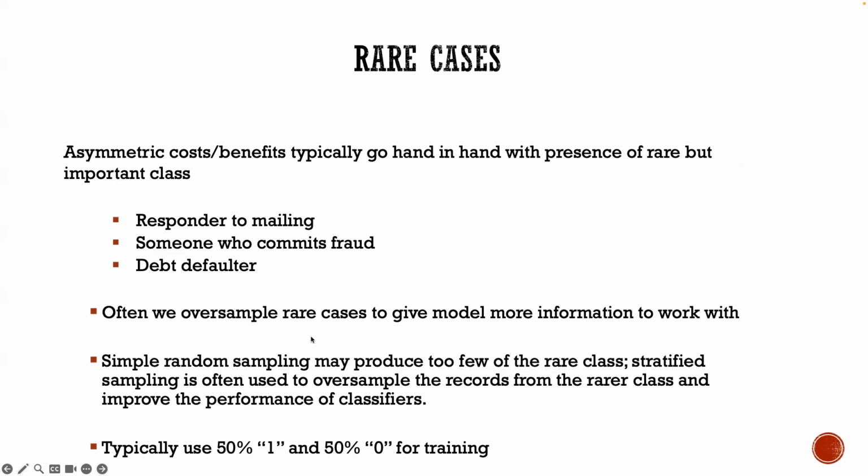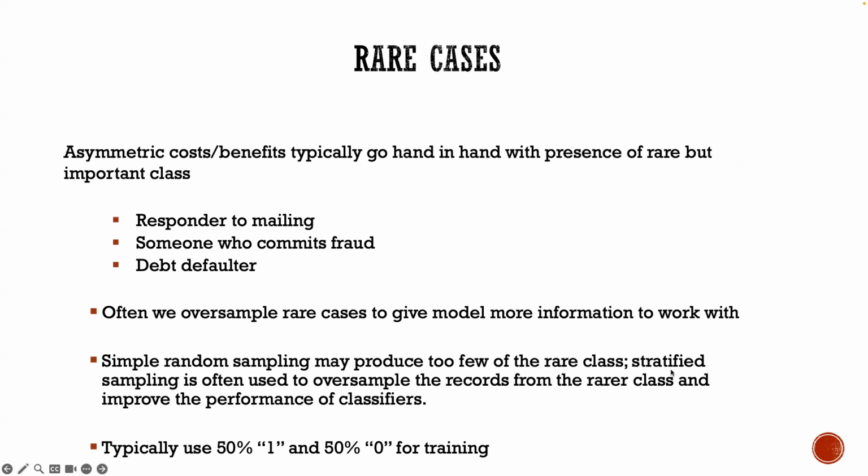So we have to oversample these rare cases to give more information for the model to work with. Because if there are very few debt defaulters in the data, the model will not be able to capture the essence, the key patterns. Because if we do simple random sampling, we will end up having very few of these rare cases. We would use a different type of sampling, which we call stratified sampling.